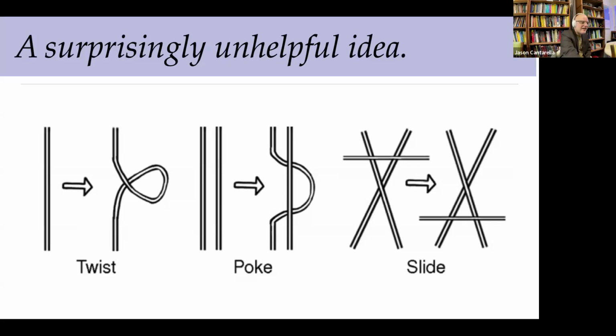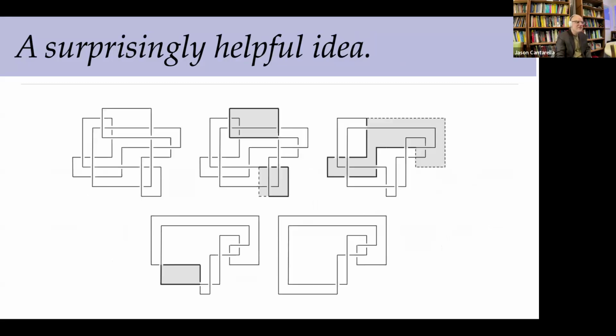But here's a way to think of all these 3 things that turned out to be surprisingly good. In each case, there's some stuff that goes over or under some other stuff, and you could push it aside. So this is called a pass move. Here's some examples of pass moves.